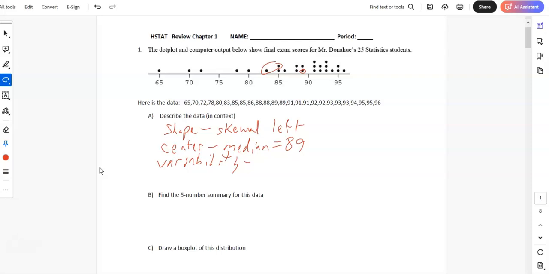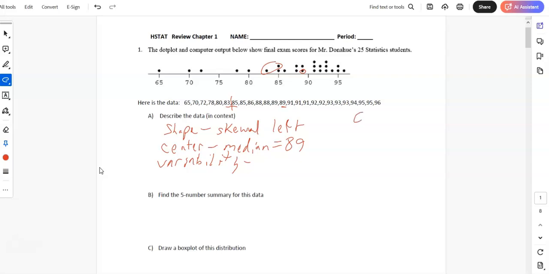Oh, I could just use the data values. It's so much easier. So 89, 89. So this is the middle of the data, we think. So there's 12 to the left, 1, 2, 3, 4, 5, 6. So between 83 and 85 are two middle ones.